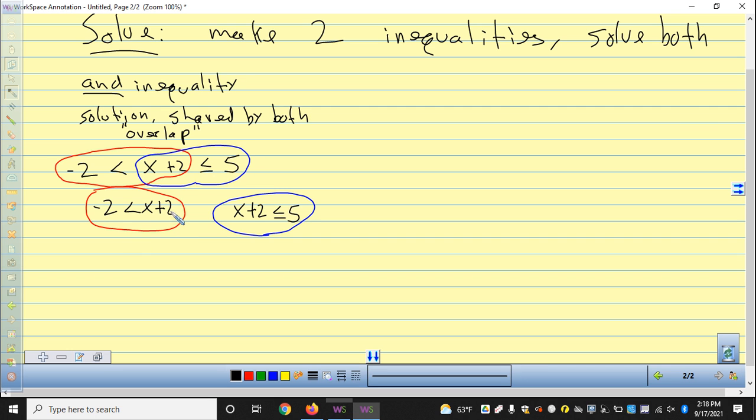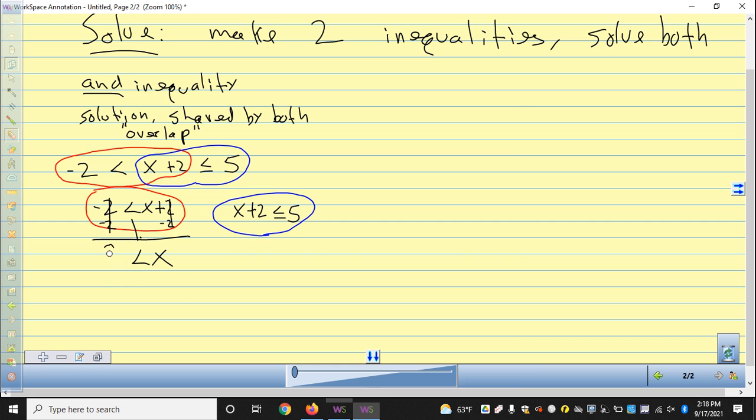So I want to get the x by itself here. So I'm going to subtract 2 from both sides. Those go away. Negative 2 minus 2 is 0. Less than x. Because these go away also. No, did I mess up?